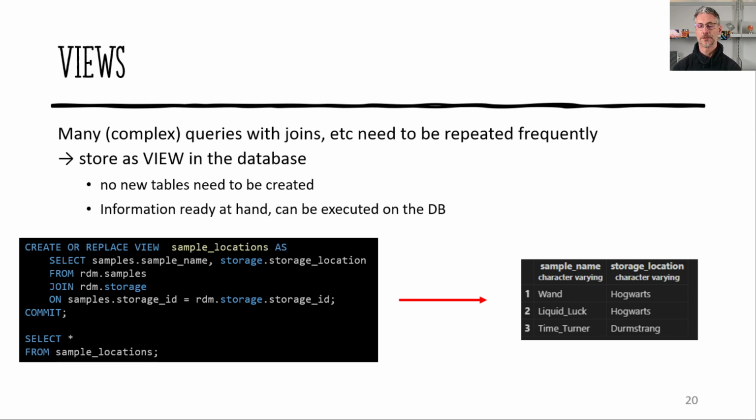And we do this with the command CREATE OR REPLACE VIEW. And we can give it a name and then put the query we just did. And if we want to do that, then we can just select everything from that view. That essentially is a shortcut to telling the database, look, I want to do this query and I'll use it so frequently, I'll give this query a specific name.